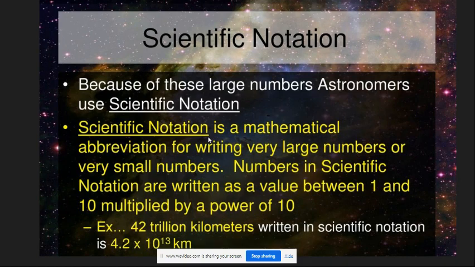If it's a large number, you'll be times 10 to the positive power, which tells you how many decimal places to move. If it's a very small number, less than 0, your exponents would be negative numbers. So this first one, 42 trillion kilometers, would be written as 4.2 times 10 to the 13th power.